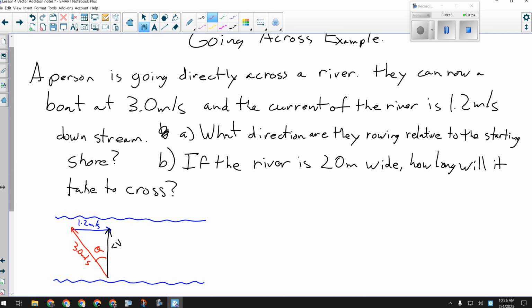All right, so for part A, theta is going to be the inverse sine of opposite, 1.2, over hypotenuse, 3.